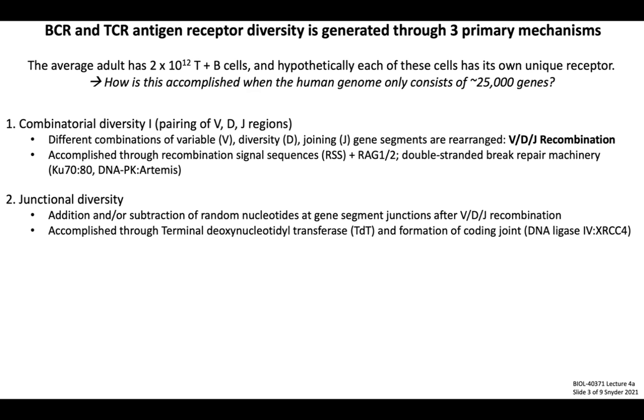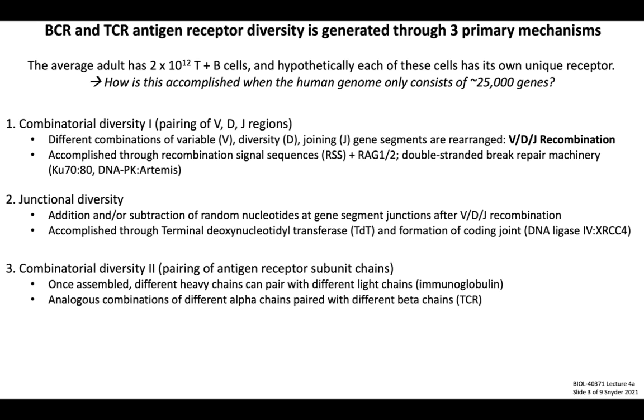DNA ligase 4 and a DNA repair protein called XRCC4 are then responsible for joining the modified ends of these DNA junctions to complete gene rearrangement. These random nucleotide alterations contribute massive amounts of sequence diversity, specifically at the junctions between gene segments that encode the antigen binding site for these receptors.